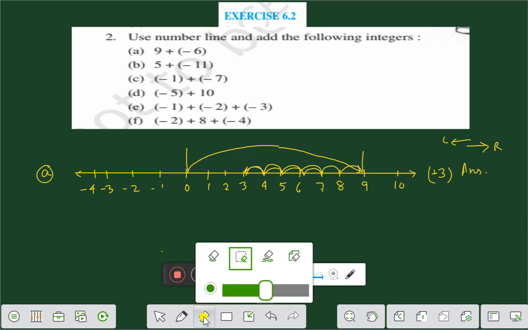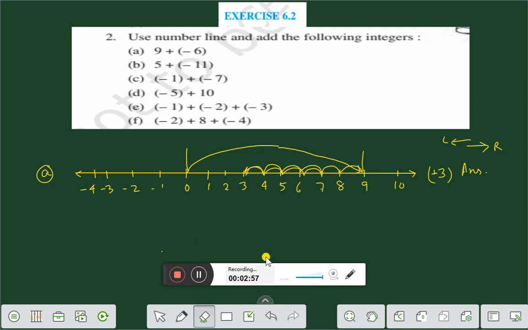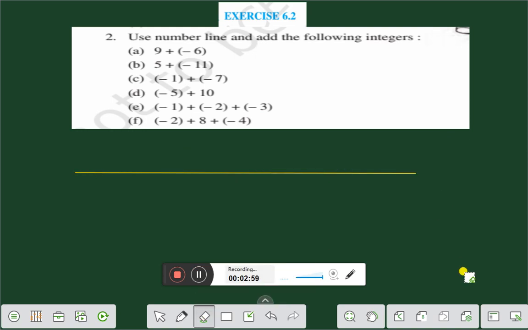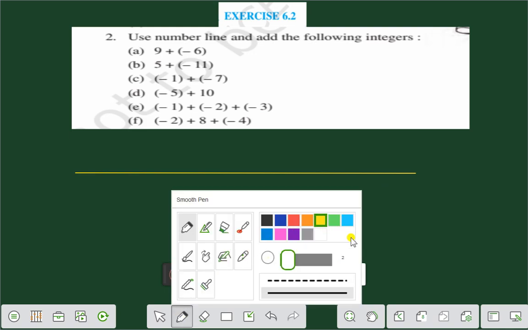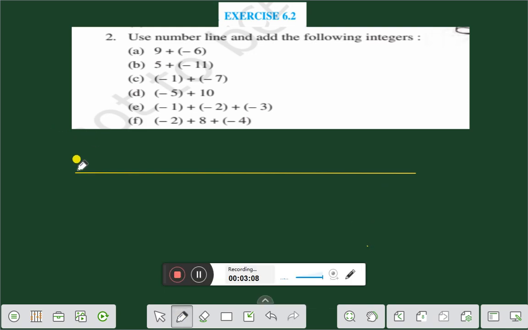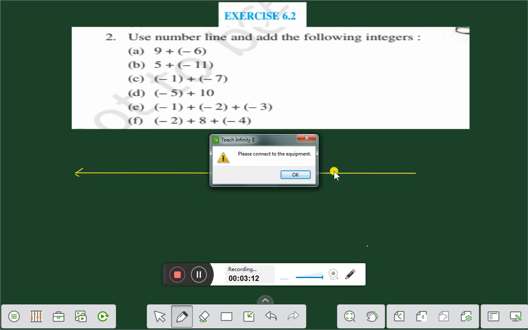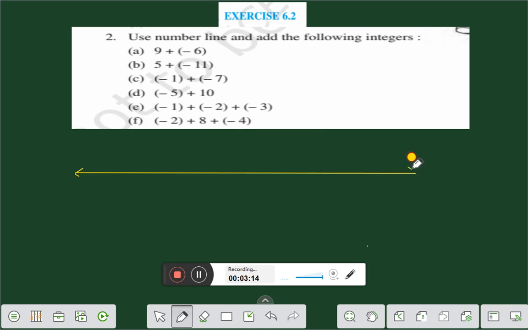Question B is 5 plus minus 11. Let us take another number line, that is 5 plus minus 11. This is a number line.